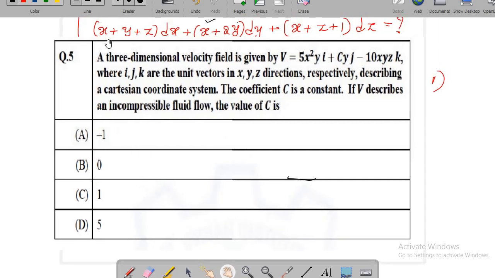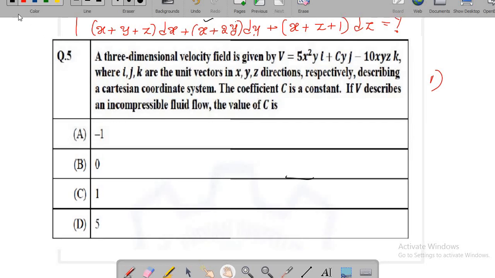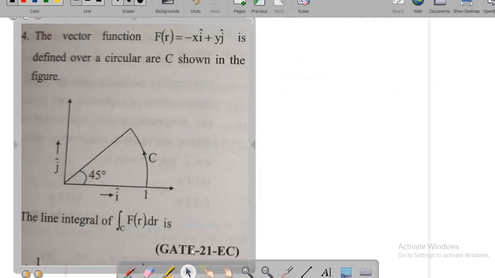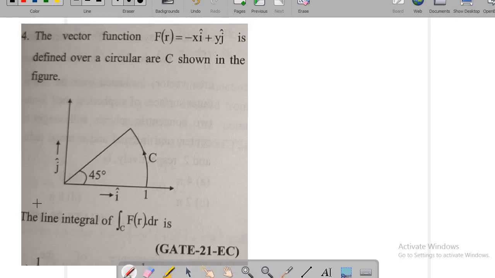Okay, next let us look at a question on line integrals from ECE. I hope it is visible. The vector function f of r is given as minus xi plus yj. This is the function they gave, and you can see that this is a conservative vector field.